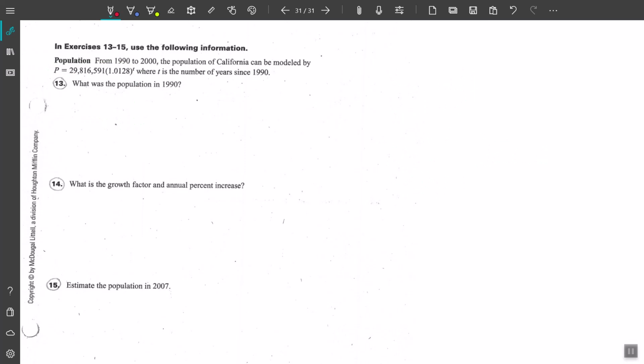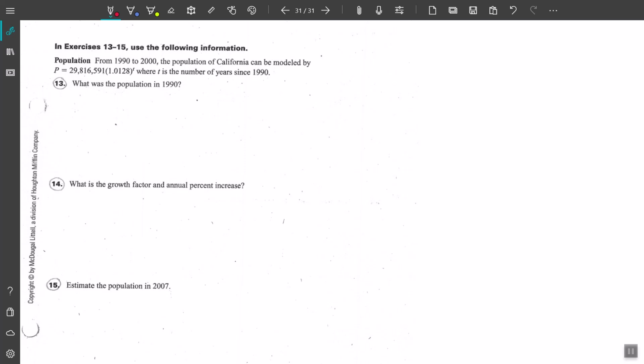So let's go down to 15. We're actually going to skip over 14 for right now. Estimate the population in 2007. So we're assuming, of course, that this model is still going to model the population of California and its growth.